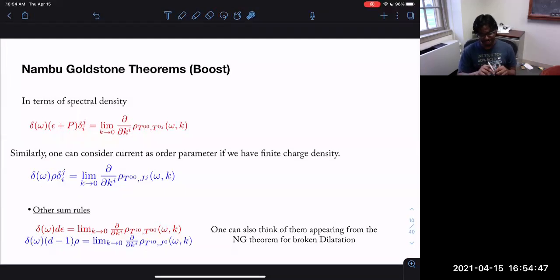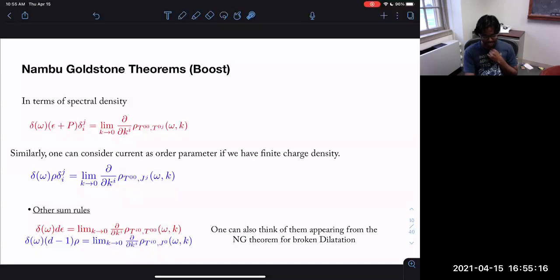I should also mention one point, which has also been mentioned to us by Luca over an email, that some of the sum rules can actually be derived from the other sum rules. The point is this red one and this red one are related by the fact that you can contract the indices and use the fact that in a CFT, epsilon plus P times d minus 1 is related to d epsilon.